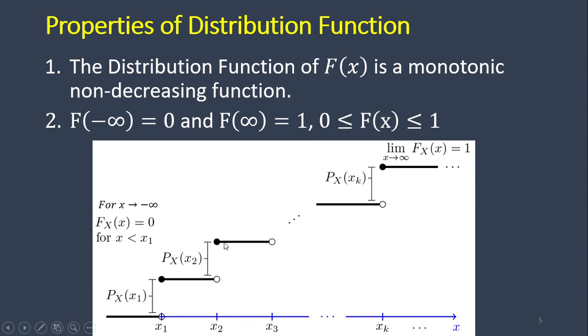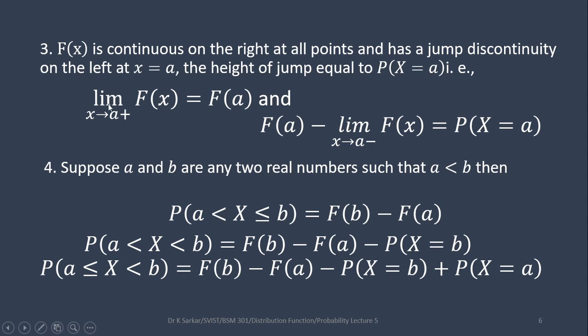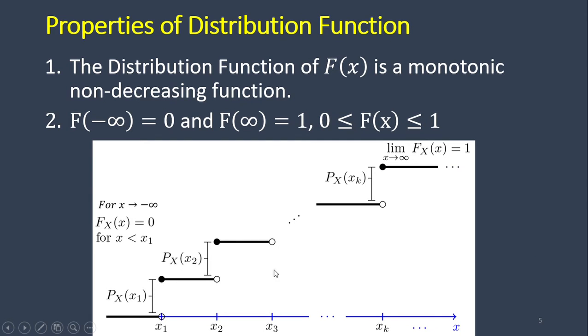Okay, so at the right, look here, this is the height of the jump of discontinuity that you can find by this: limit x tends to a plus of F(x) equals F(a). So you see here that as x tends to a plus, it is always F(a).